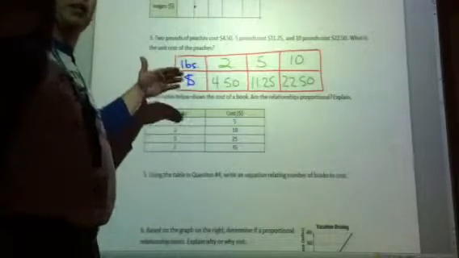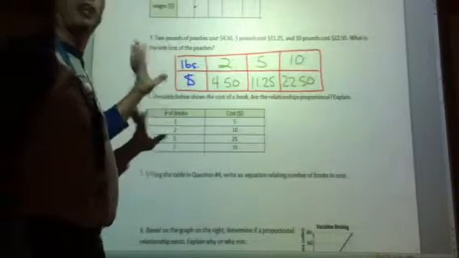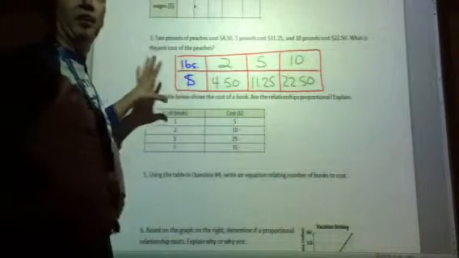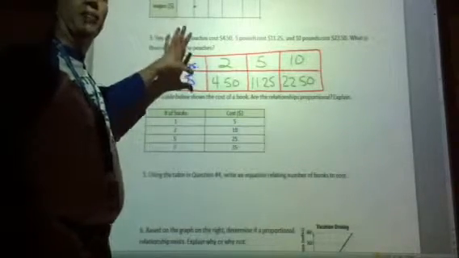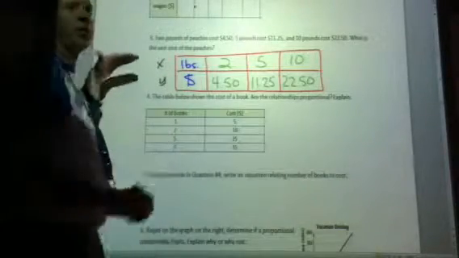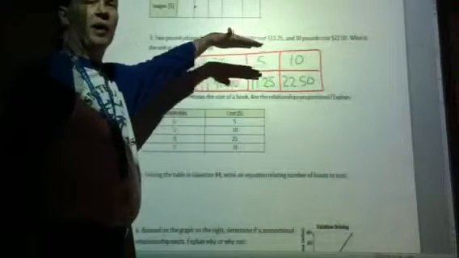All right, then our next step then is if we're going to find the unit rate, we're going to do the same thing as if we are trying to find out what the proportional relationship is, or if one exists. So again, we're going to take the bottom numbers in our chart, our Y values, and we're going to divide them by the top numbers, which are our X values. And if you need to do that, go ahead and write X and Y alongside those rows so that we understand that all these numbers across the top are our X values, all these numbers across the bottom are our Y values.